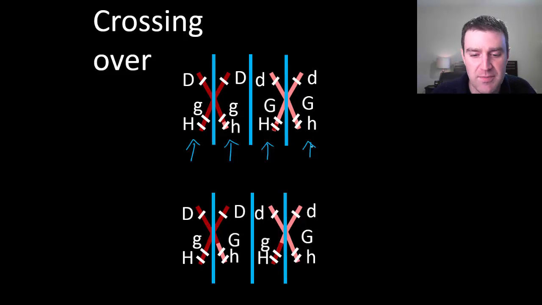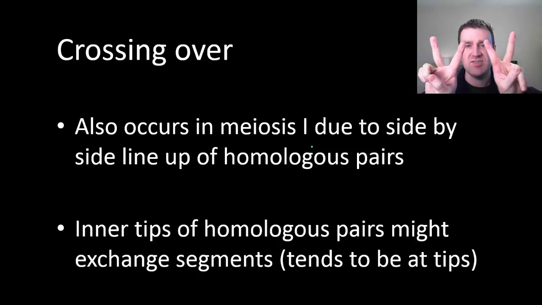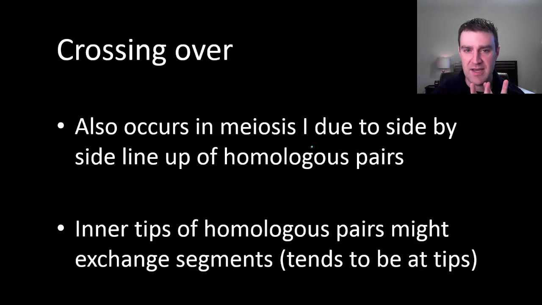Again, the broad idea of crossing over is that the inner tips of homologous pairs, while those X's get so close to each other in that side-by-side lineup, can switch a little bit and mix up what you send ultimately to those different gametes.